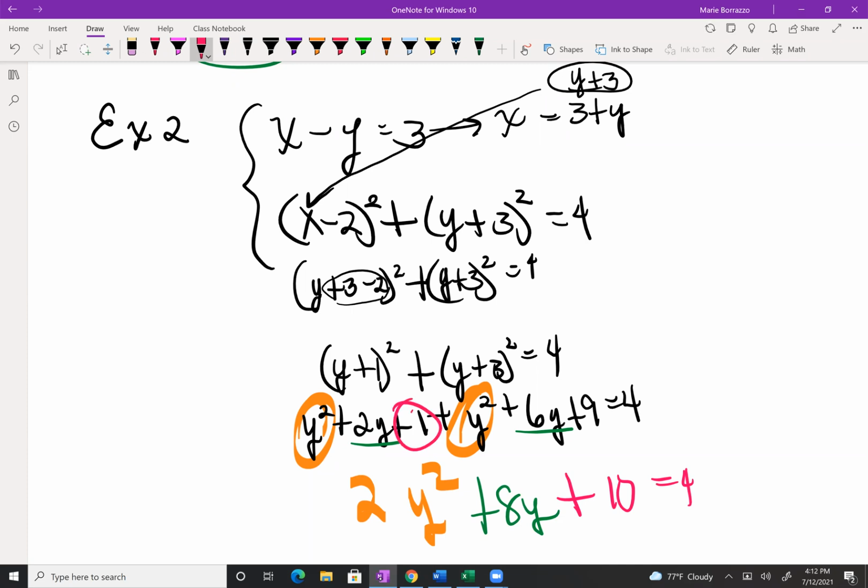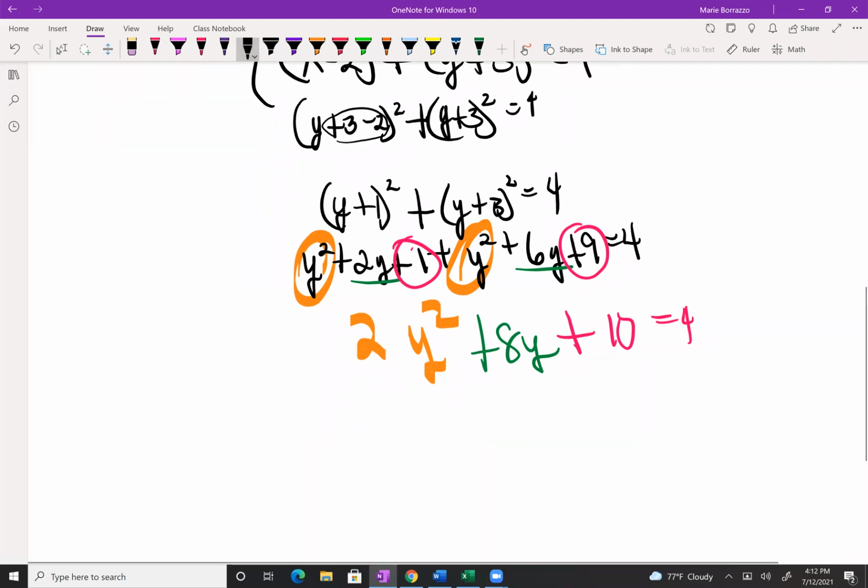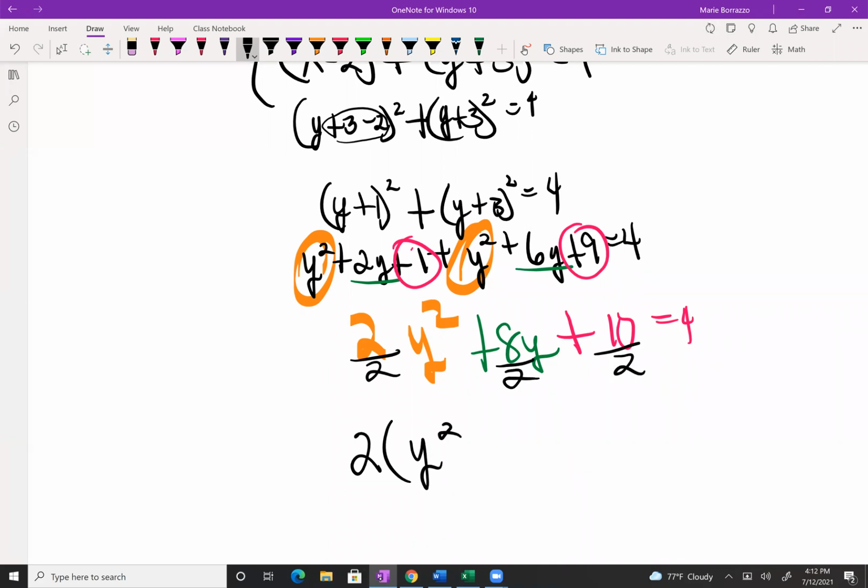Again, I just combined that and that together. If I take out a 2, because 2 goes into 2, 2 goes into 8, 2 goes into 10, I'm left with y squared plus 4y plus 5, and this is equal to 4. Okay, so that's all I've done so far.